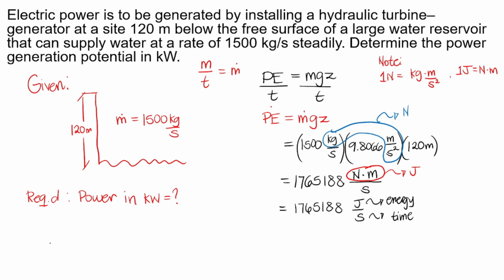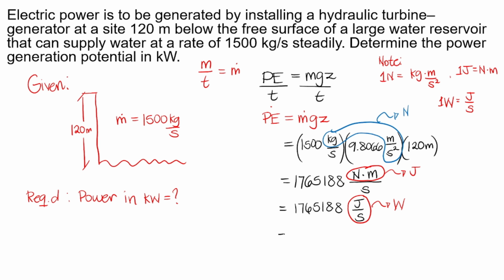So, but again, di pa tayo tapos. We need to convert it to kilowatts. And remember that 1 watt is the unit of power. So, 1 watt is equal to 1 joule per second. So, ibig sabihin, ito pala ay equal sa 1 watt.